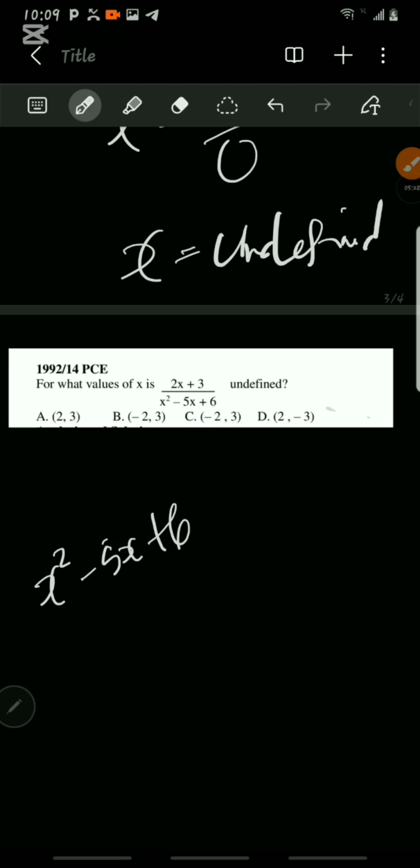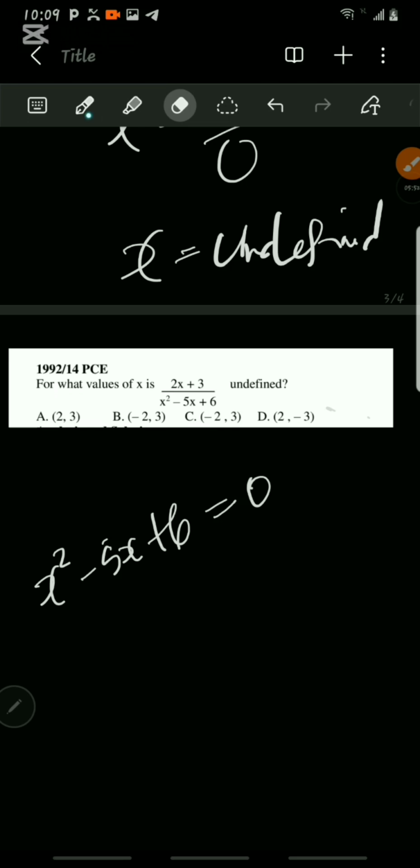They are asking me to make all of these equal to 0. That's what they're asking me to do. Remember, there's no 0 there from the question. But from what I understand about undefined expressions, the question is asking me to make that denominator equal to 0. And we already know that this expression we have here is quadratic in nature, right?